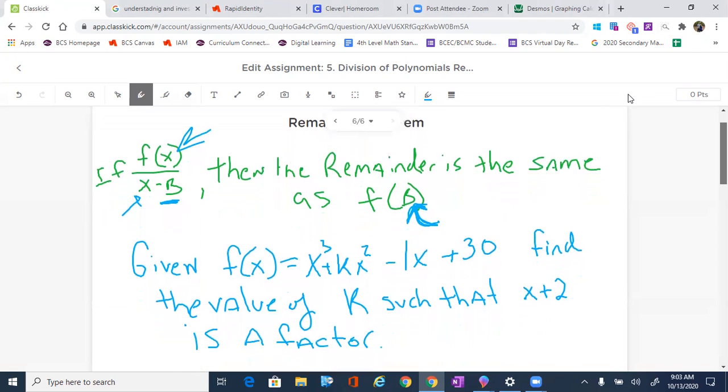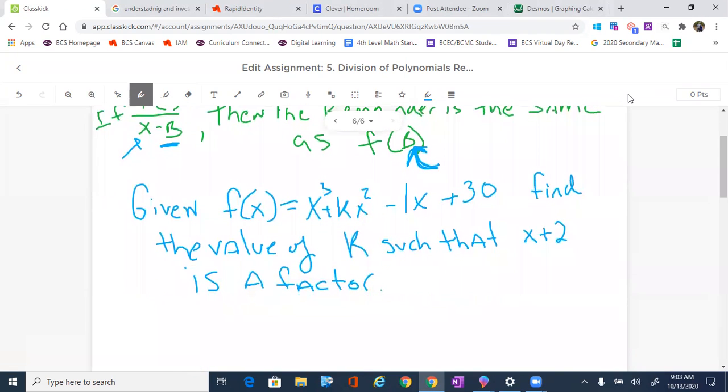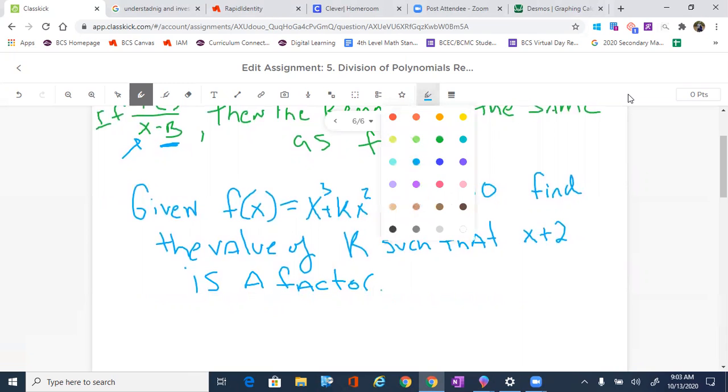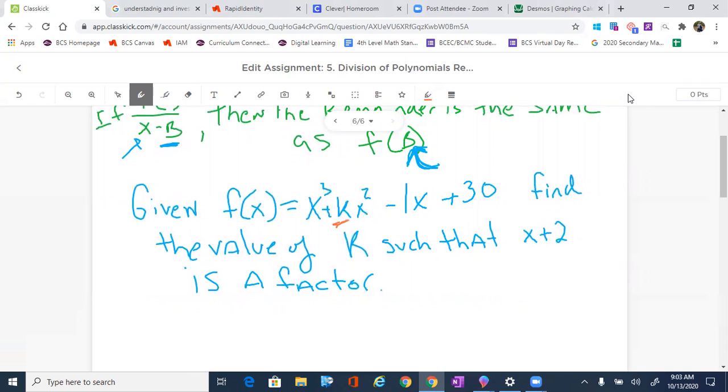So it says, given f of x equals x cubed plus kx squared minus 1x plus 30, find the value of k such that x plus 2 is a factor. Now notice this, k is right here in the original equation, and the factor is x plus 2.